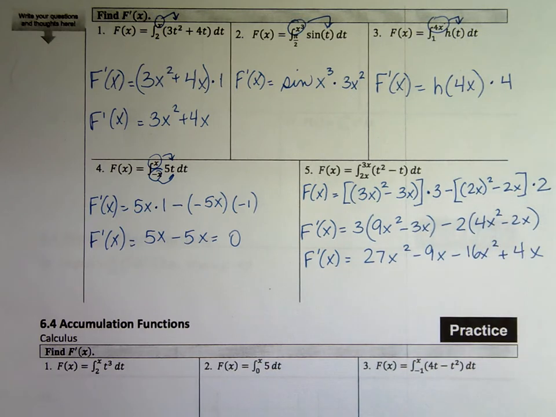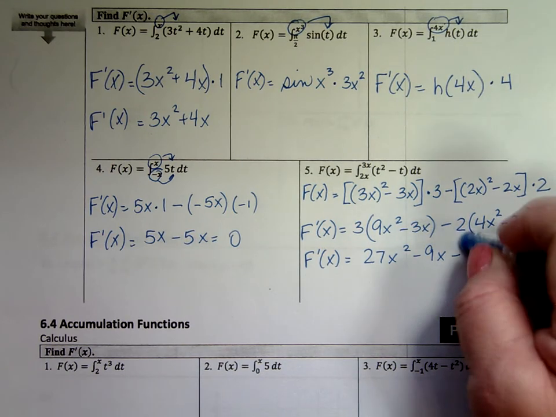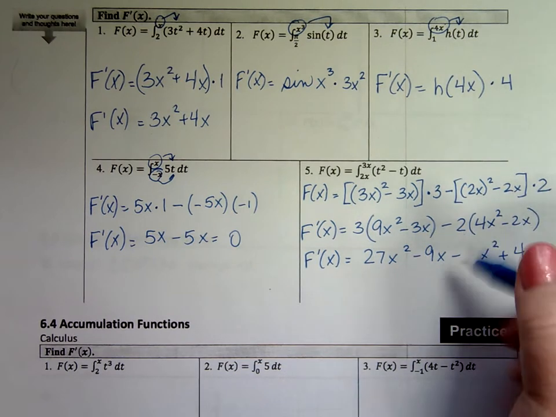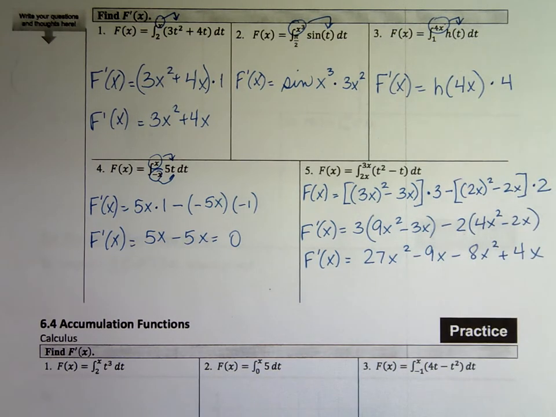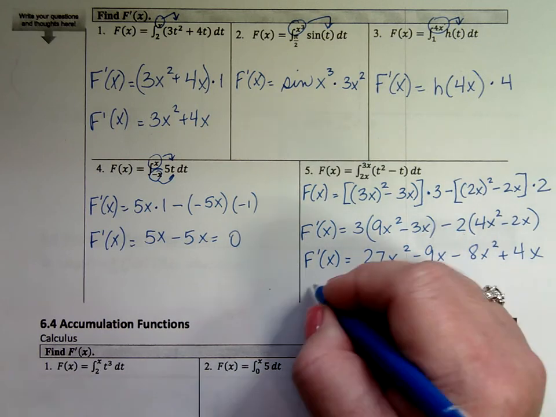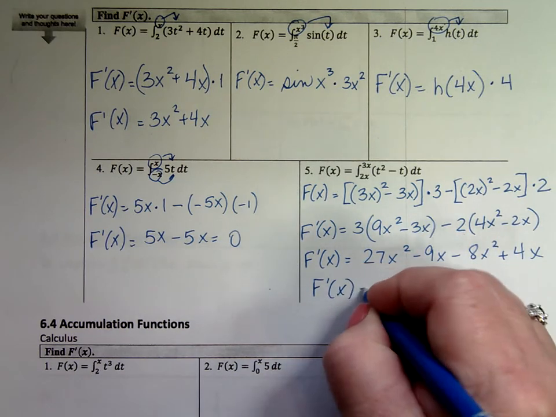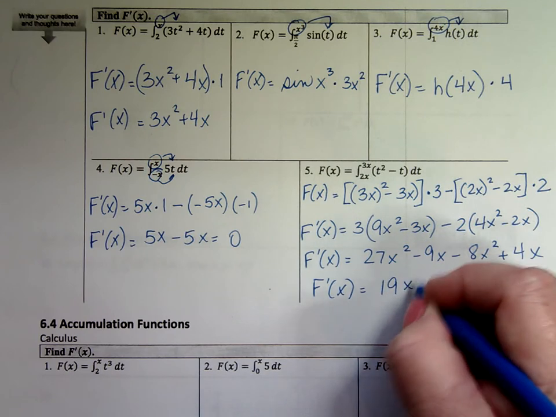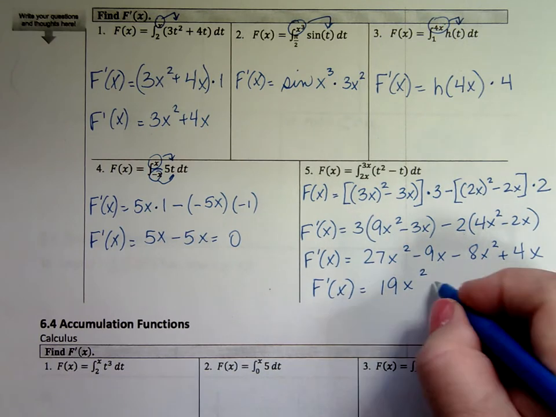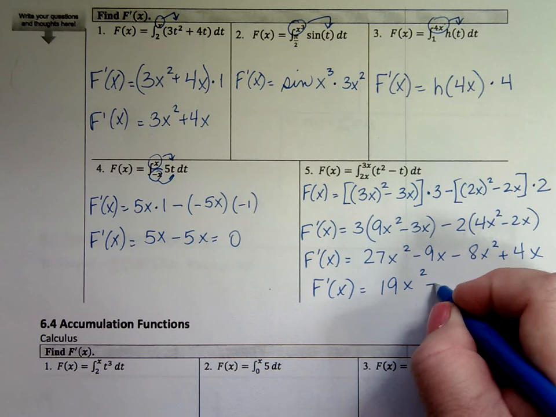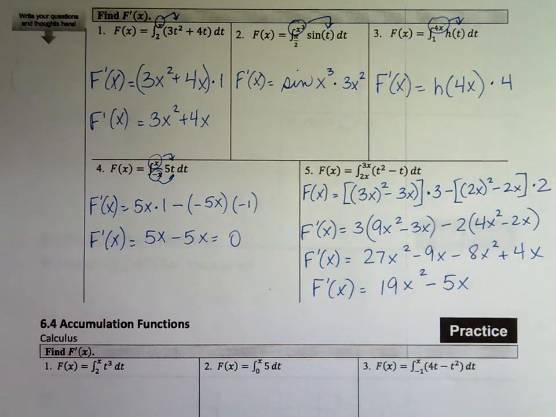Watch your signs. Oh, this isn't 16, is it? Try 8. 8's a better fit. There we go. So 27 minus 8 gives me 19x squared. And negative 9 plus 4 gives me a negative 5x. And that's the story. There you go.